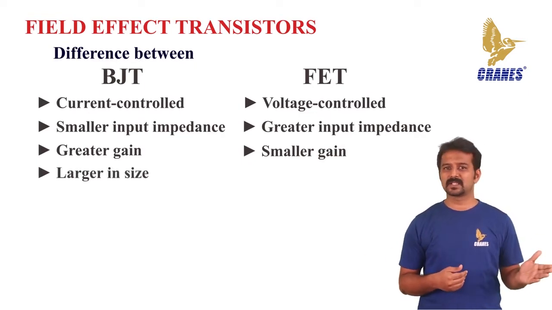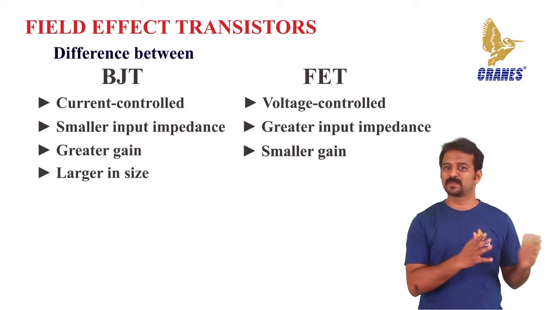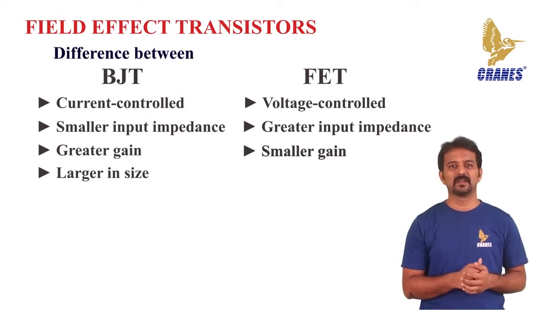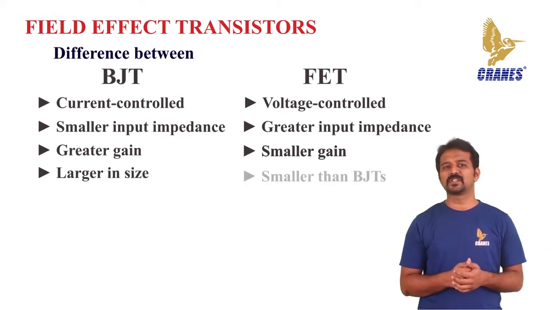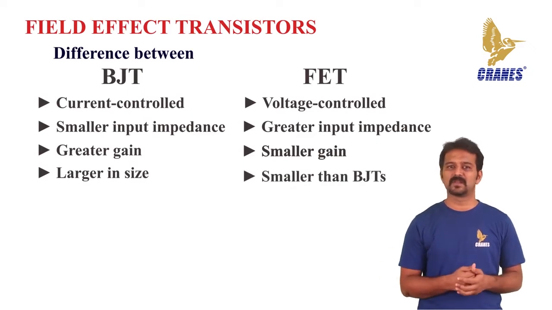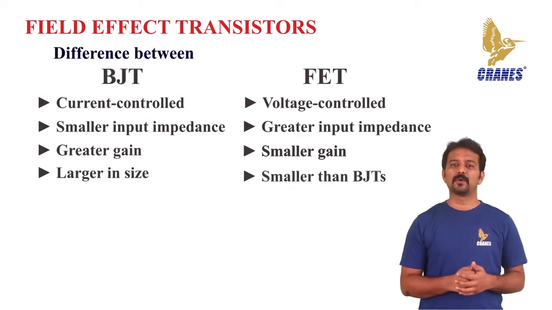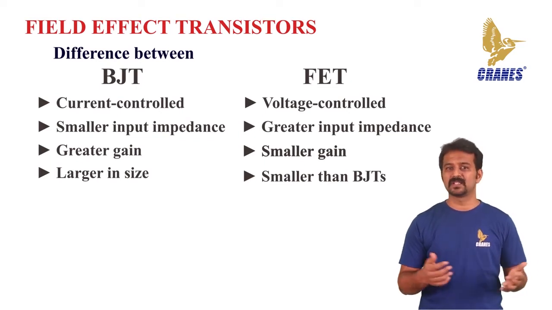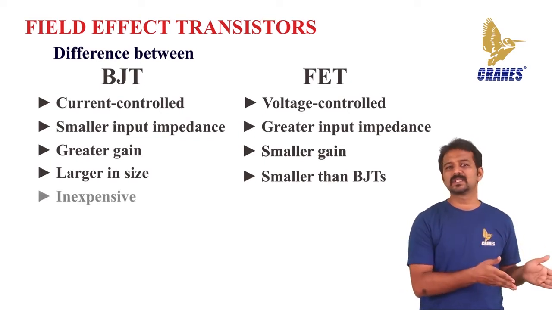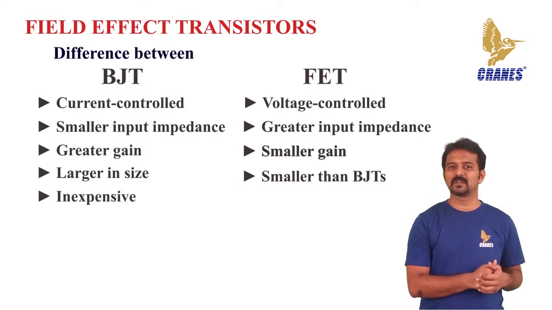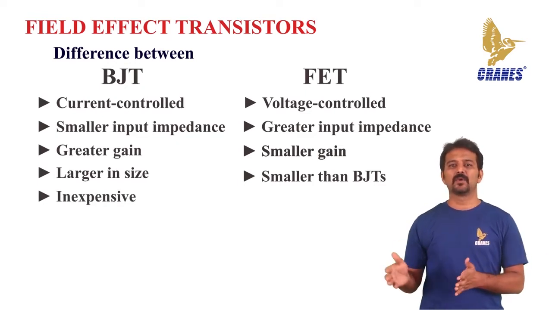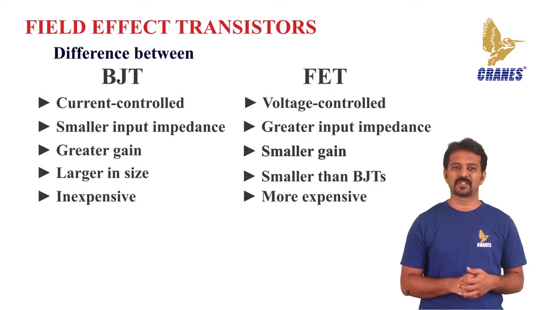BJTs are larger in size and therefore normally take up more physical space than FETs. FETs can be manufactured much smaller than BJTs. This is especially important for integrated circuits that are composed of many transistors. BJTs are inexpensive to manufacture, while MOSFETs are more expensive to manufacture.